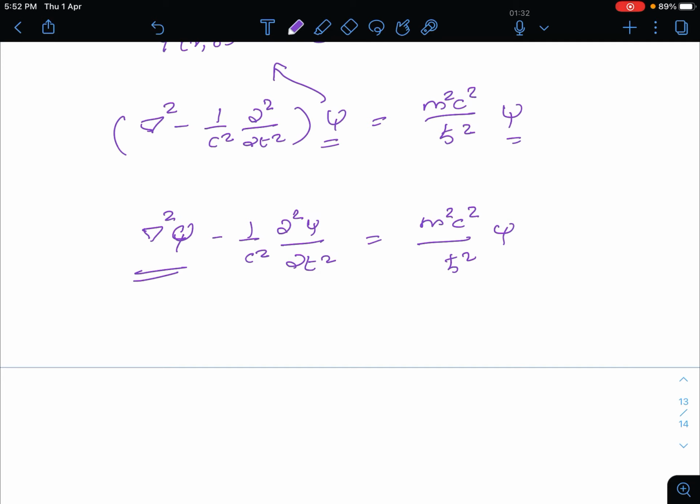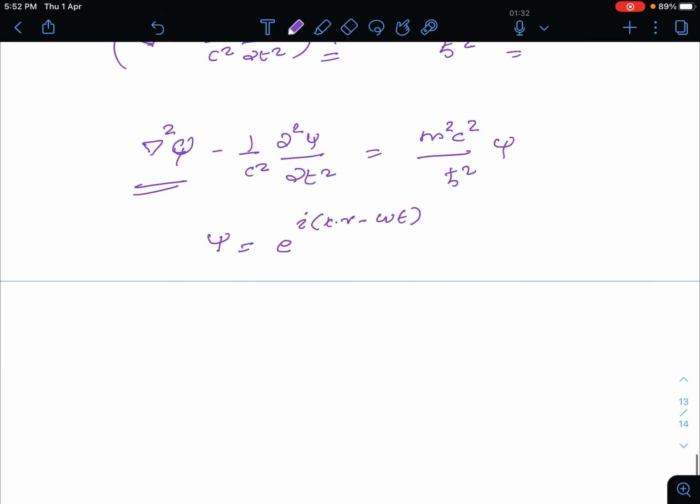So del square psi, we know that psi of r, t we consider to be e raised to i(k dot r minus omega t). I am not completely taking the exact steps, just to let you know what happens. Okay, so del square here is in the r form, so we have to use spherical polar coordinates.